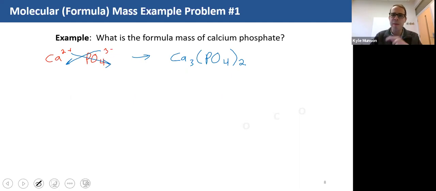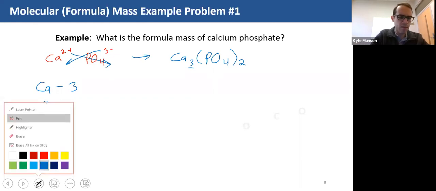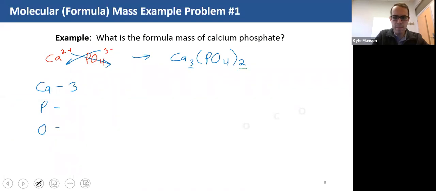So now, like we did in the last video, I need to write down how many atoms of each element I have in calcium phosphate. So let's just list everything we have here: calcium, phosphorus, oxygen. For how many of each I have, for calcium, I have 3. That indicates I have 3 calcium atoms here. For phosphorus, I'm going to have 2, right?